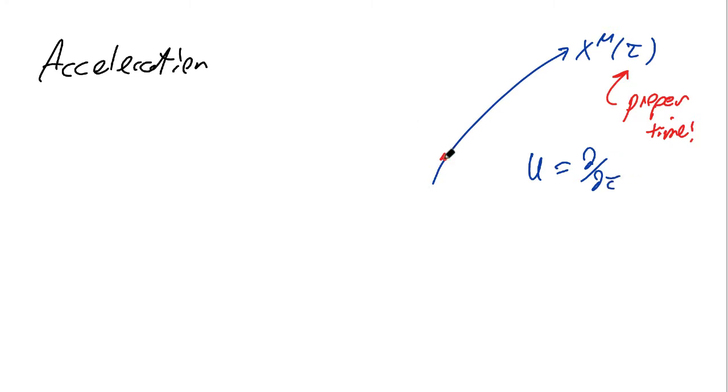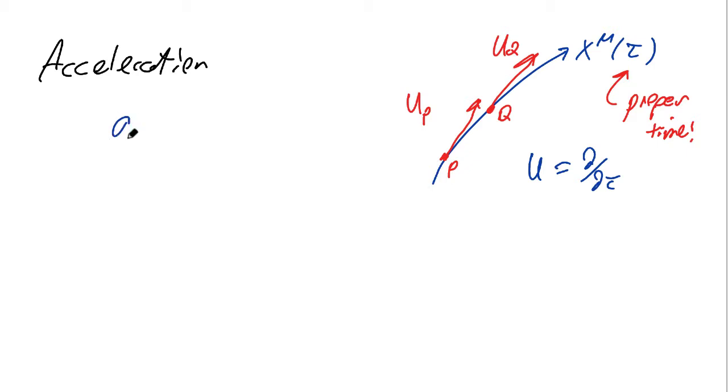The velocity vector at this point is u at, say, p, that's point p. The velocity vector at this point, u at q, that's point q. And the acceleration then of this world line is obtained by parallel transporting this vector back to p and then subtracting and dividing by the time interval between q and p.